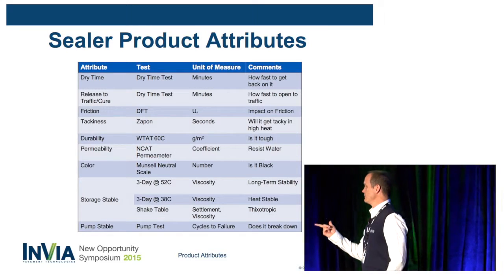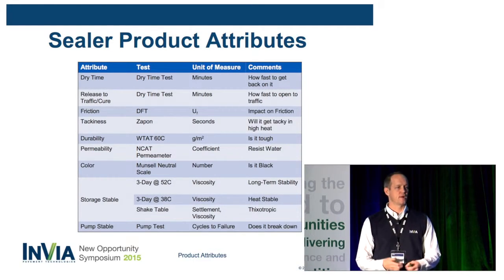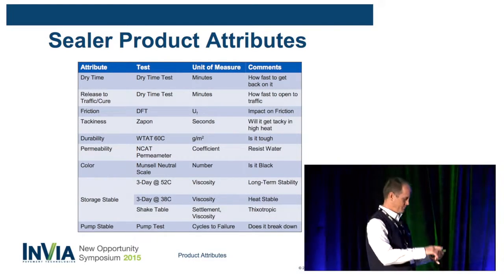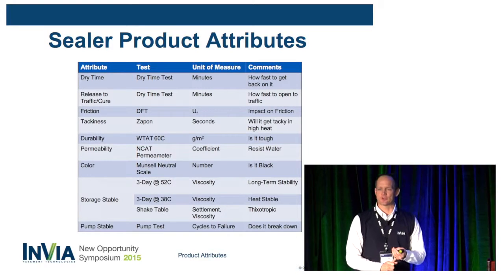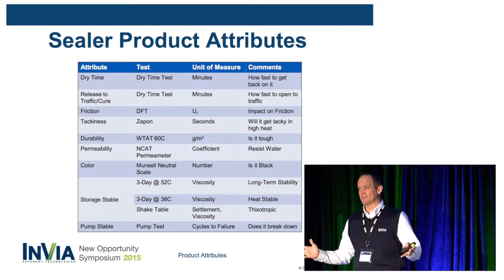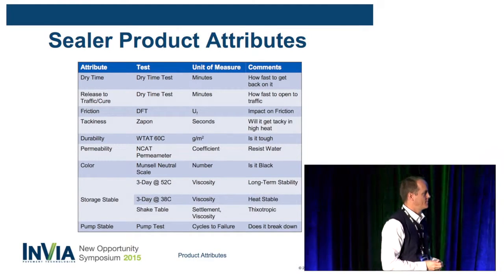And then pump stable. Can you pump it without the shear of the pump breaking the material down? Problems you'd be worried about are losing your aggregate, dropping out, or just through shear segregating your mastic, and you don't get a nice homogeneous film on the pavement.